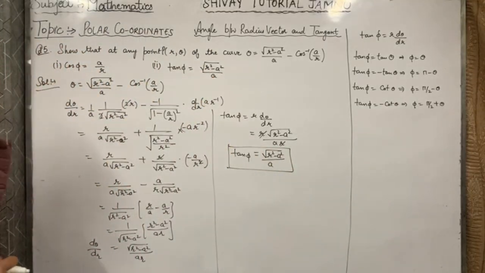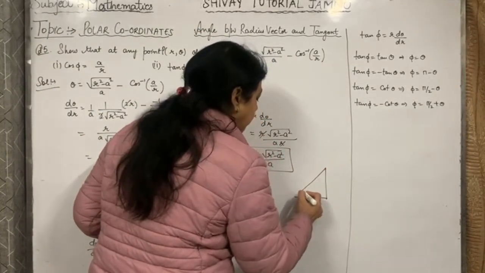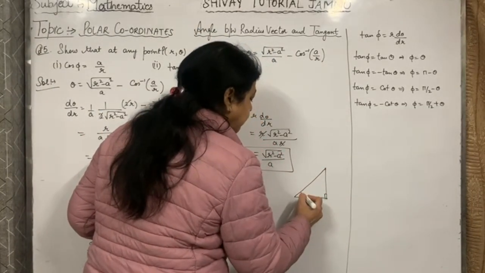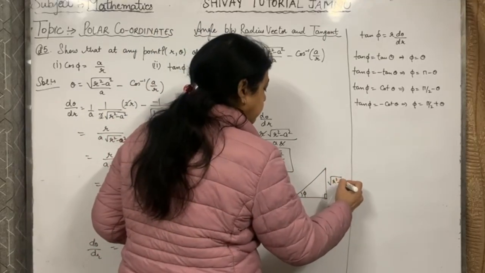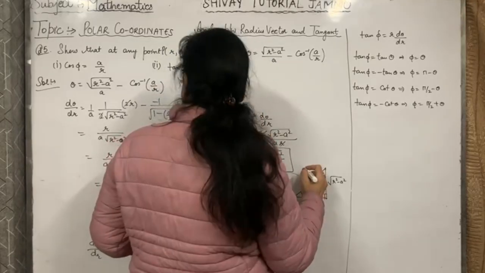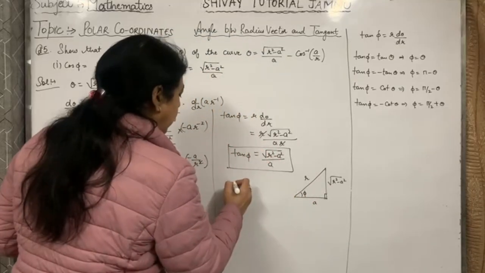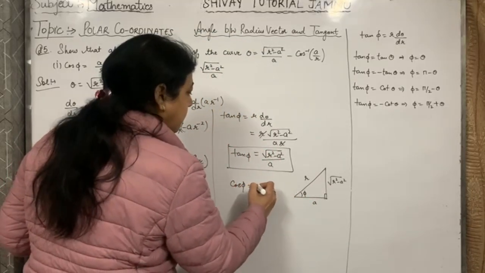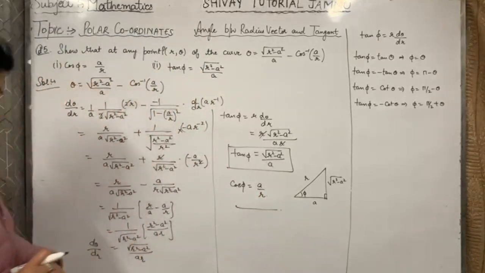Okay, first answer cos phi. We will take a right angle triangle in which this is phi angle. Tan is perpendicular upon base. What will be hypotenuse? Hypotenuse will be r. Okay. Then cos phi is base upon hypotenuse, and this is your answer.